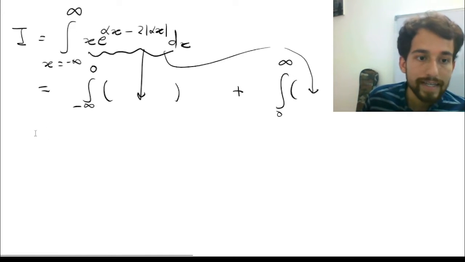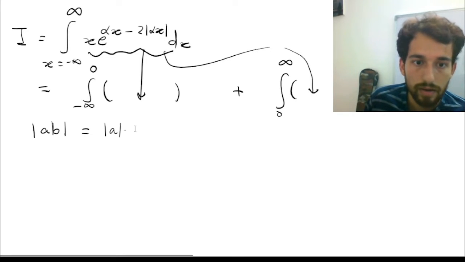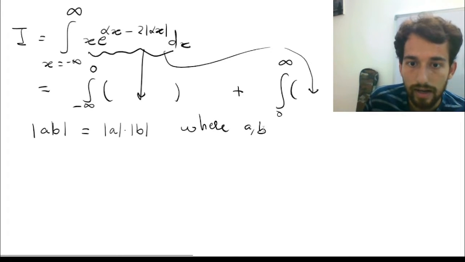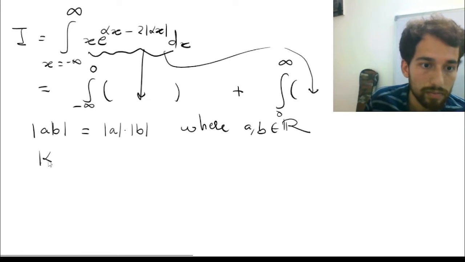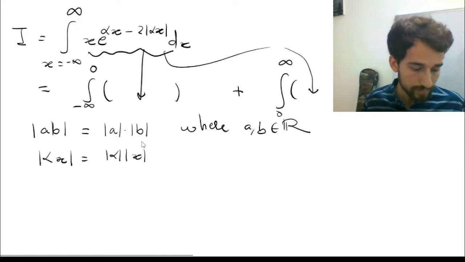Fine. So moving ahead, I use a property here. I know in general that if a and b are any two real numbers, then the modulus of their product is the same as the product of their individual modulus values. So in particular, in this problem, I can express mod of alpha x as mod of alpha times mod of x. Fine.